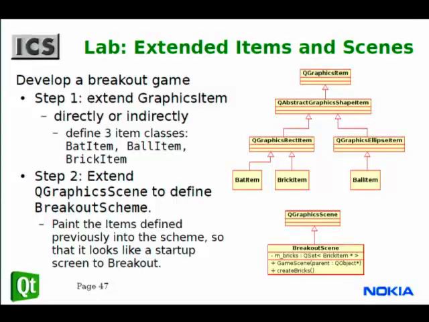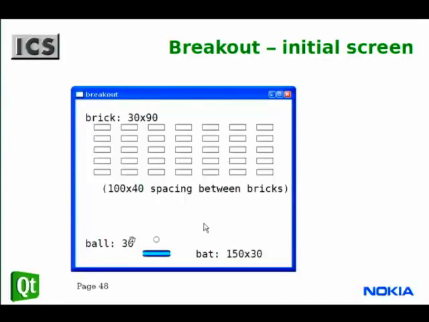So in the lab, we're going to extend graphics items and also extend a graphics scene. And we're going to make an initial screen for breakout. So you're going to have a bat, a ball, and a brick item. Those are your three kinds of items. We're going to lay them out on a scene.